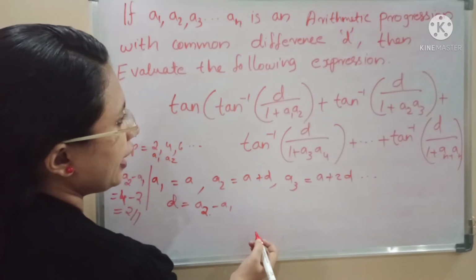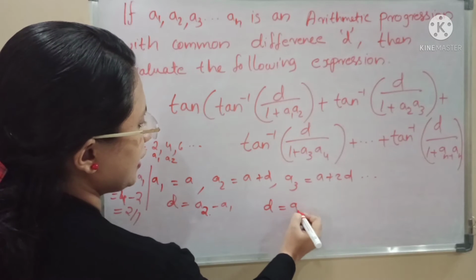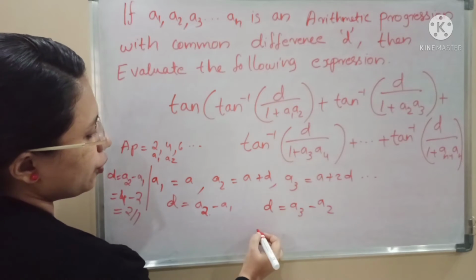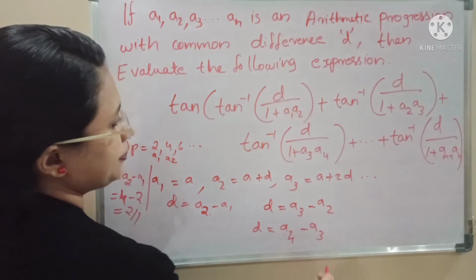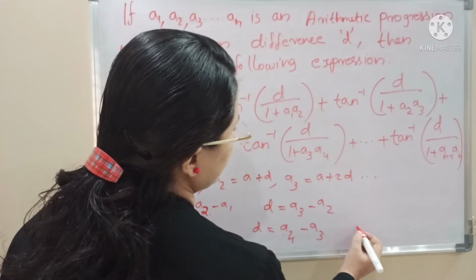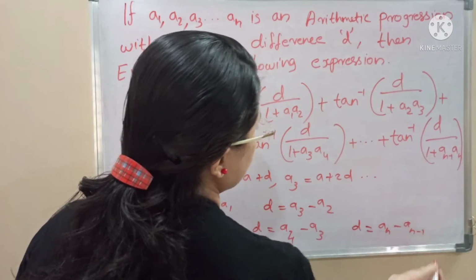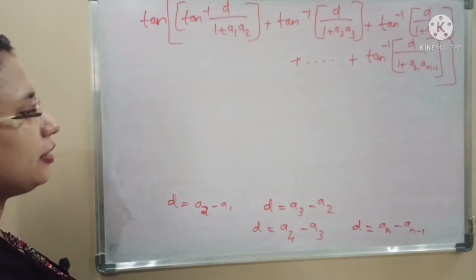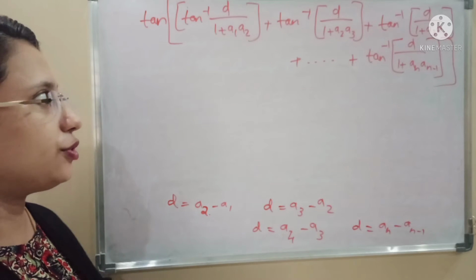Same way for a2 and a3, it will be a3 minus a2, and for a3 and a4, d will be a4 minus a3, and for the last case, d will be an minus 1. So in our expression we can substitute d as what we found.